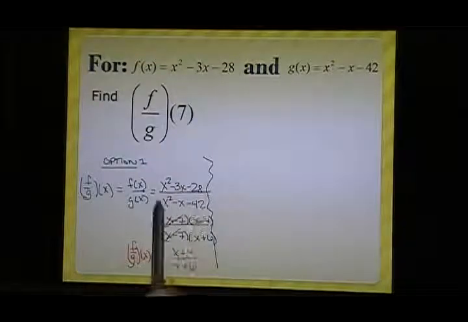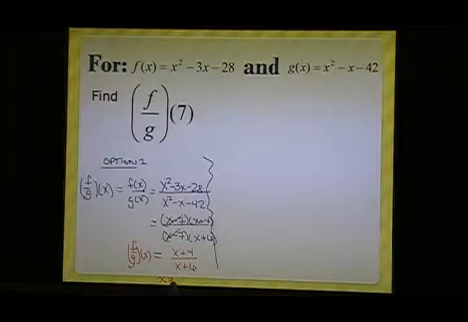So when trying to decide what numbers need to be excluded from the domain, it's easiest to look at when your denominator is in factored form. The factorization for our function g, x squared minus x minus 42, is x minus 7 times x plus 6.